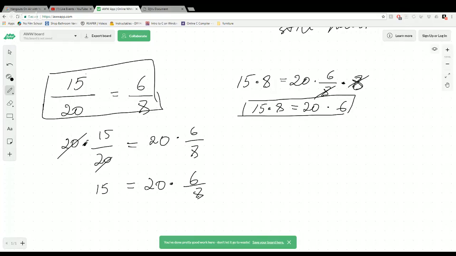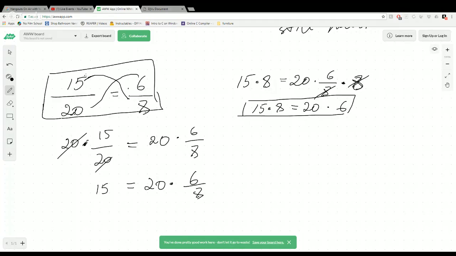So you'll often hear the expression cross multiplication, with the numerator of the first one times the denominator of the second one, and the numerator of the second one times the denominator of the first one. In reality, what you're doing is multiplying both sides of the equation by the denominators.